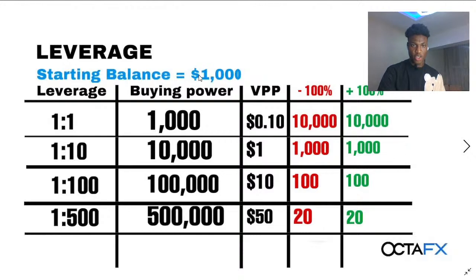So a trader new to the market, or one that decides just to be greedy, can misuse the buying power and say, okay, I have 500,000 in buying power, and it means it's going to take me 20 pips to double my trading account. Now he goes into the trade, it goes against him, and he loses all his trading capital.